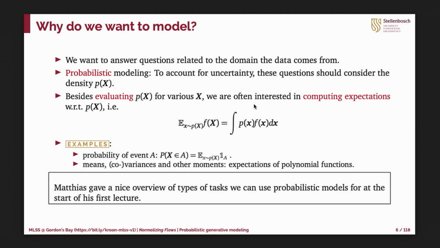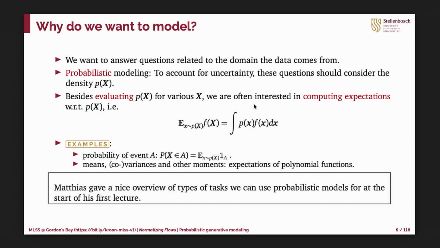In general, this means our answers to questions should consider this density P of X, where X is just some observation that we are interested in, or some value for a specific data point, and we are going to be interested in its density.